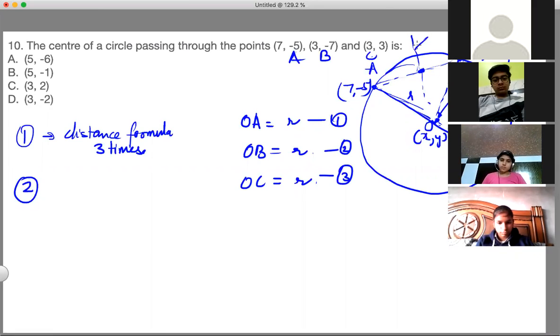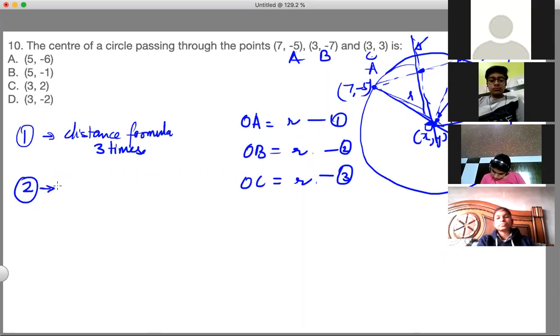We can find the equation of this line. Then we can find the equation of this line, and they will intersect at the center. So ये line निकाली, ये line निकाली, दोनों को simultaneously solve कर लिया. We will get the center. Now, obviously it has some work to be done, but the good news here is only two variables.